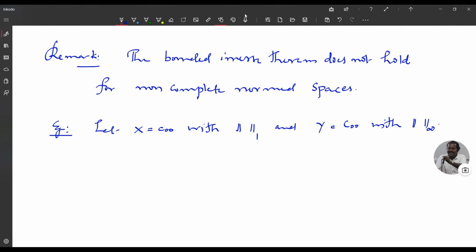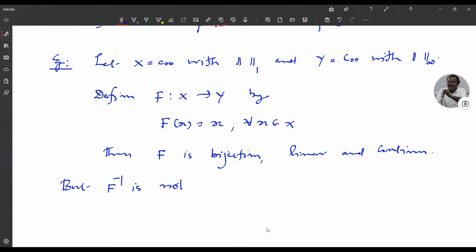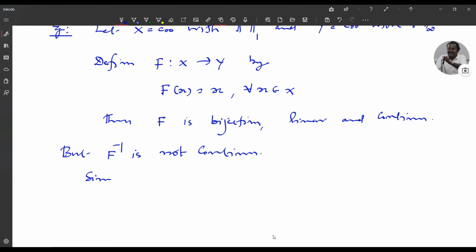Then if you define f from X to Y by f of x equal to x for all x in X, then f is bijective, linear and continuous, but f inverse is not continuous.